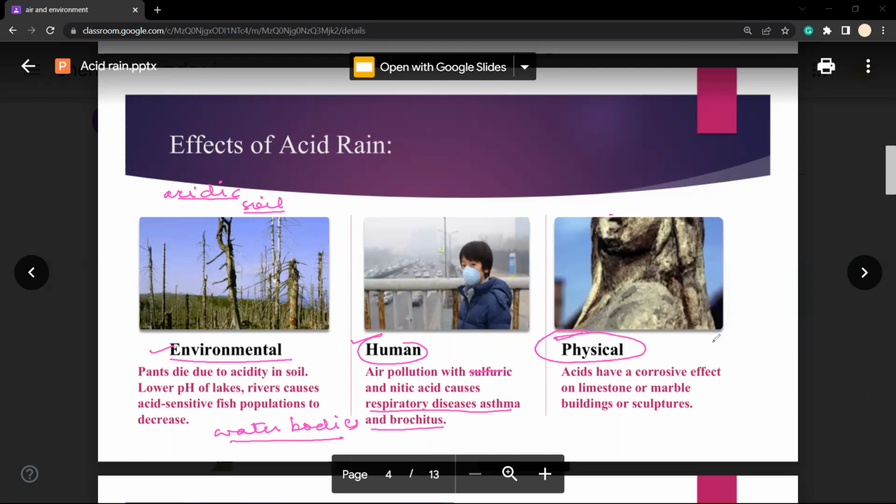Because acid rain is acidic in nature, it can corrode certain structures made of limestone or marble, such as buildings or sculptures made of limestone and marble. So this is how it can impact things in the physical form.